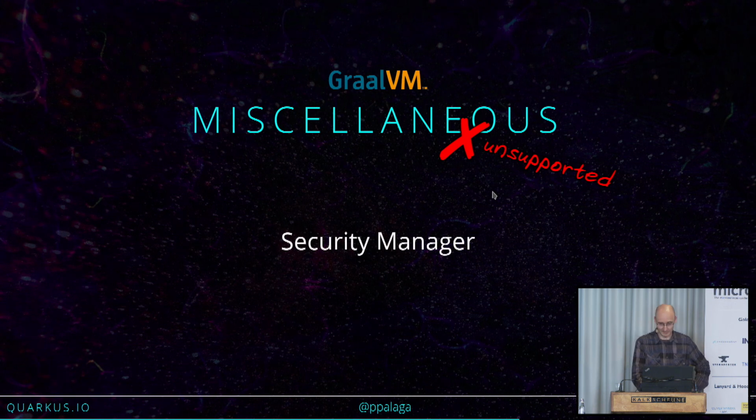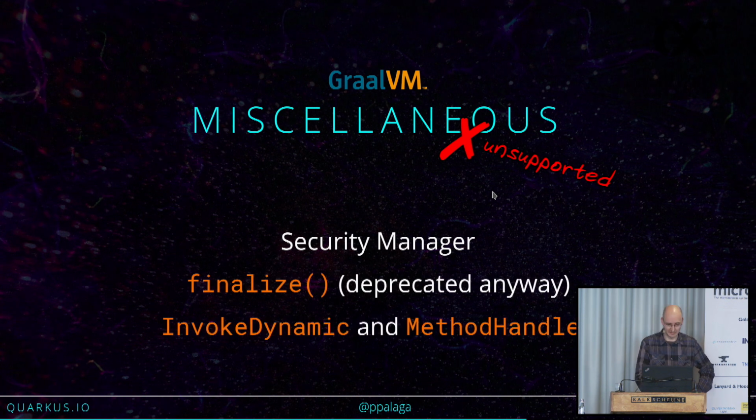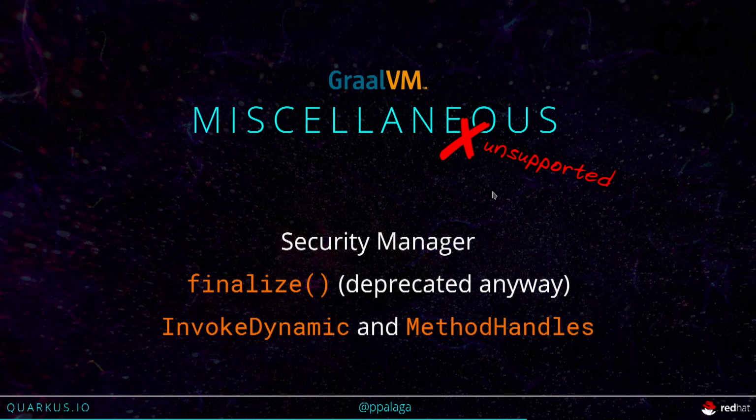Some other things don't exist in the native mode, like security manager, finalize, which probably doesn't matter to most of you. Invoke dynamic and method handles might be interesting to you. You may wonder how Java 8 lambdas are going to work on GraalVM because they use invoke dynamic. And the answer is there are replacements for those in the Substrate VM.